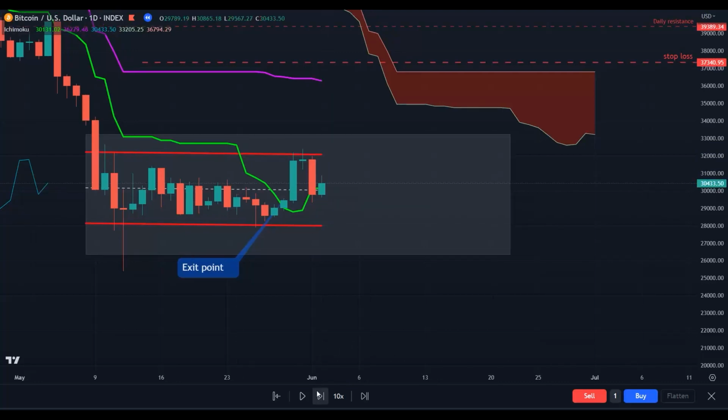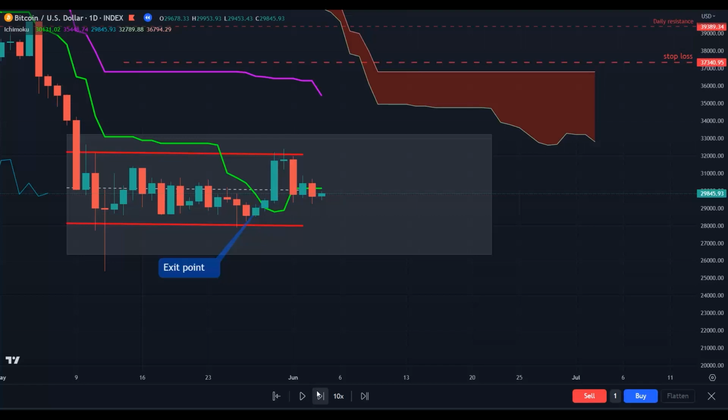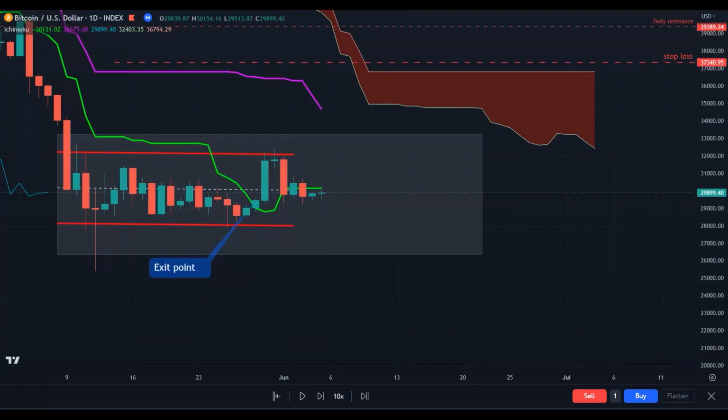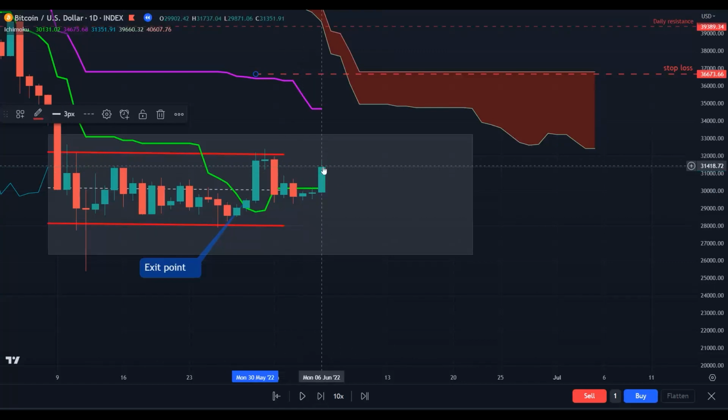Okay, let's see what's going to happen. It's still inside that sideways zone, and you can move your stop loss a little. I'm going to move my stop loss and put it here. Why? Because it's a flat Kijun-sen, and here is another close above the Tenkan-sen.